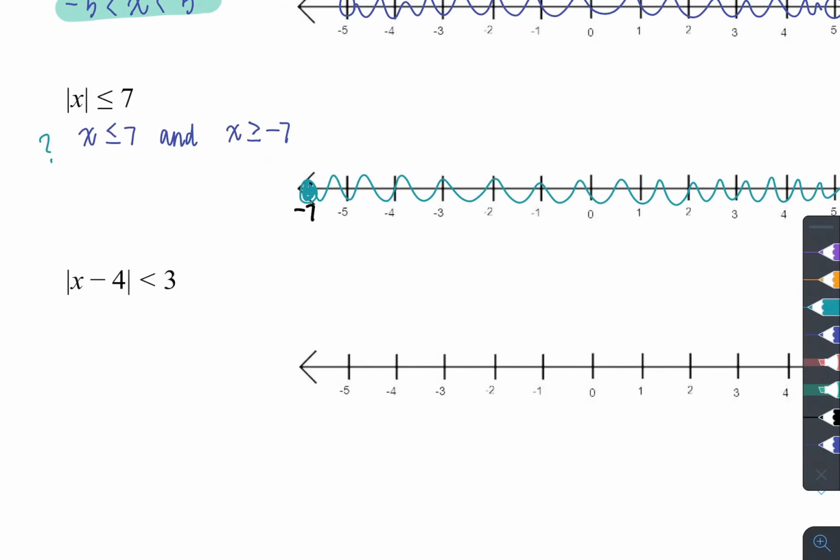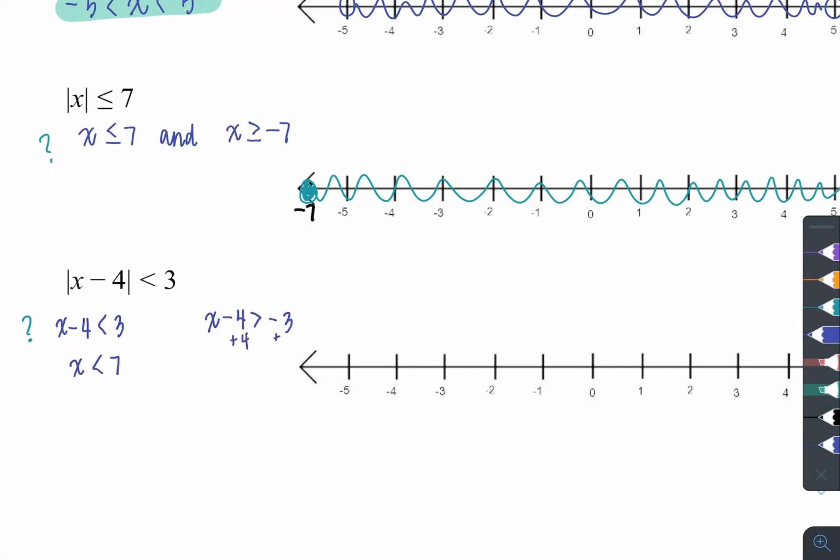All right, for this next one here, I want you to go ahead and try it on your own. All right, so you should have dropped your absolute value, kept your sign, kept it positive. Then you should have dropped, flipped, and made negative. Add 4 to both sides, we get x is less than 7.